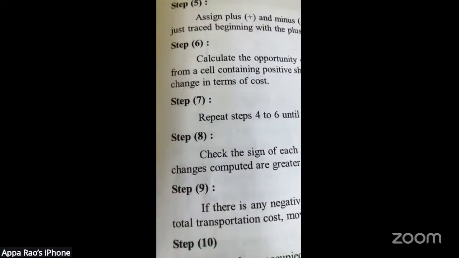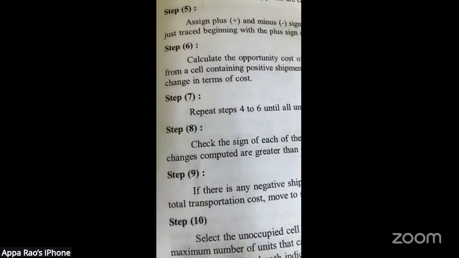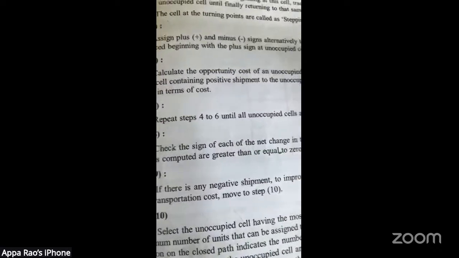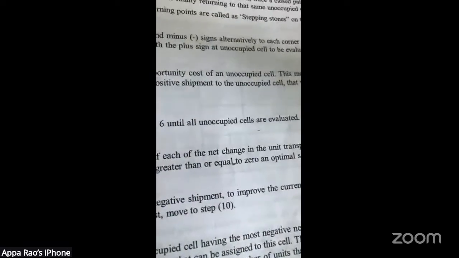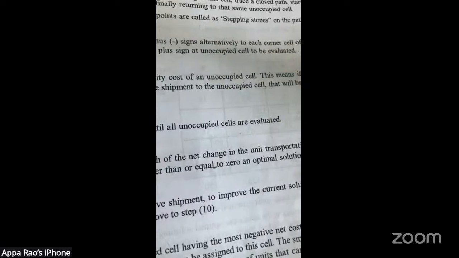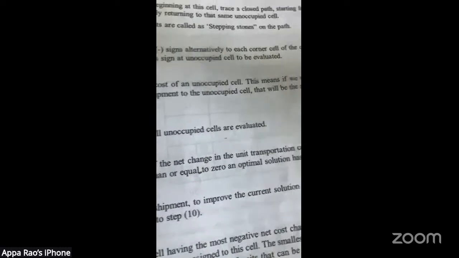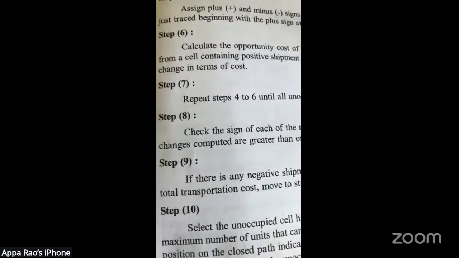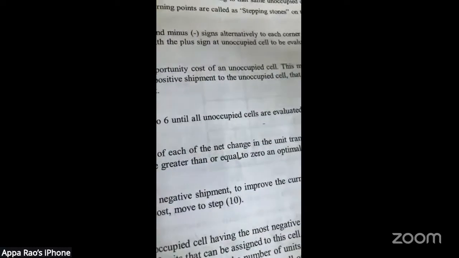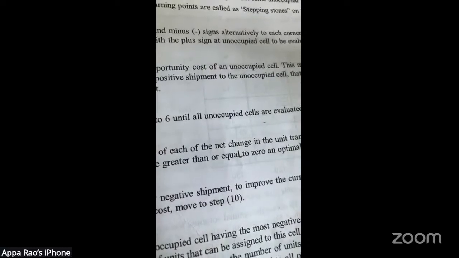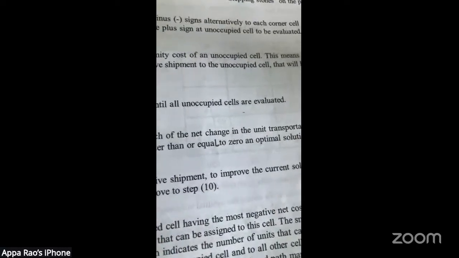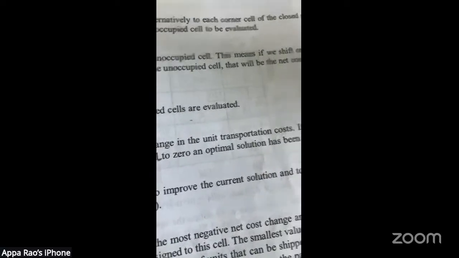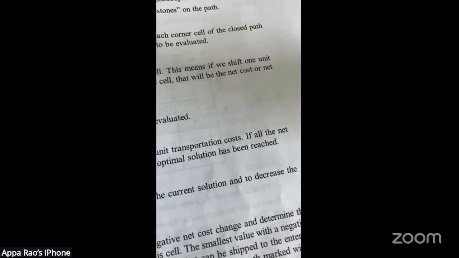Step 7. Repeat steps 4 to 6 until all unoccupied cells are evaluated. Step 8. Check the sign of each of the net changes in the unit transportation cost.